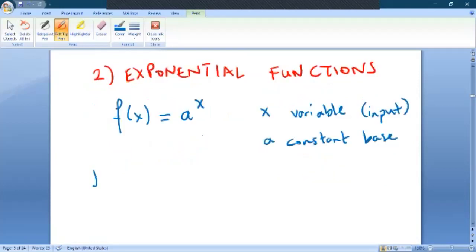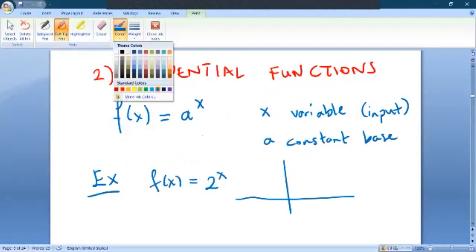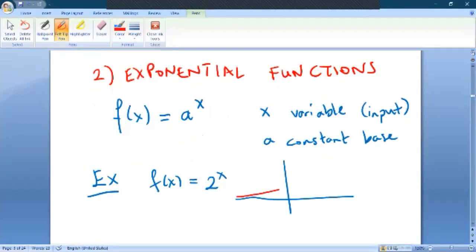As an example, we can have 2 to the x, and this function has a graph like this. But it grows exponentially fast. So this is x, this is y. It will grow very fast.